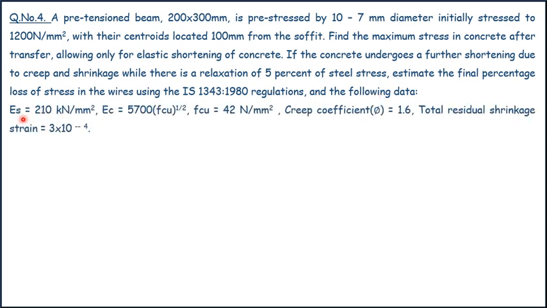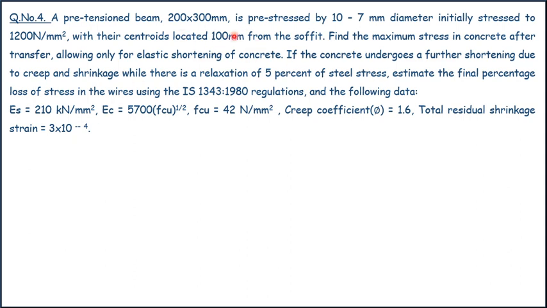Es, modulus of elasticity of steel, 210 kilonewton per mm square. Ec is 5700 square root of fcu, where square root is written as raised to half. The fcu value is 42 Newton per mm square. Creep coefficient phi is equal to 1.6. Total residual shrinkage strain equals 3 into 10 raised to minus 4.